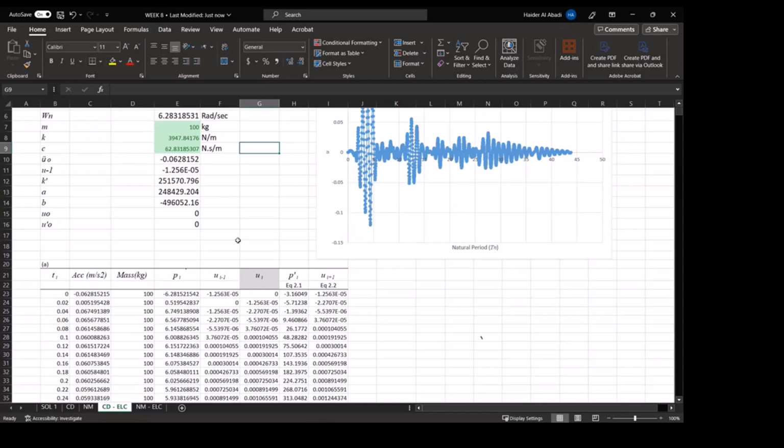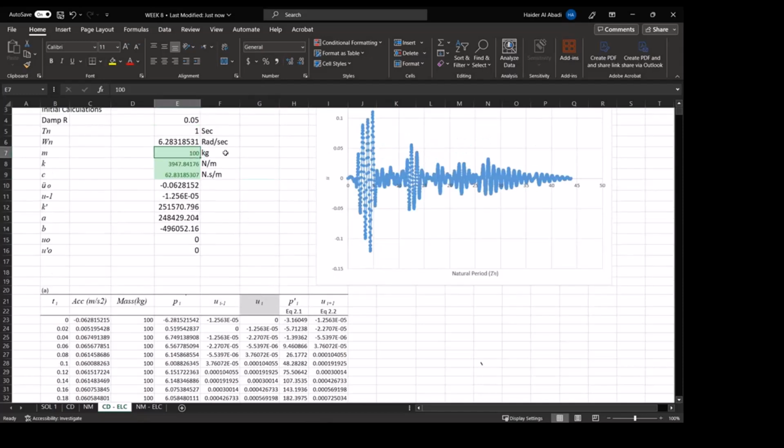Now, one of the key things I want you to understand or have a look at here is that the response should be independent of mass because it will be cancelled out in the equations. So for example, the mass I'm putting here just to form up the equations is 100 kilograms. If I change it to 1,000, the results will not change.